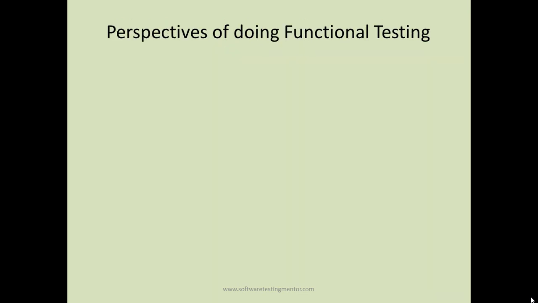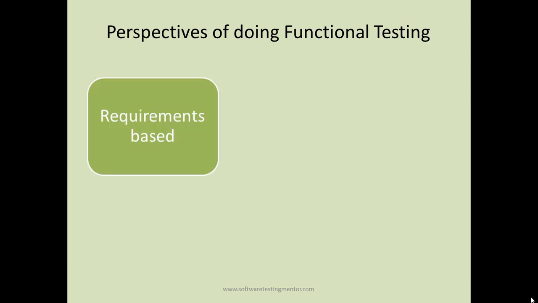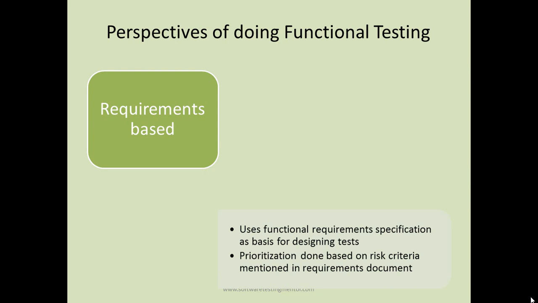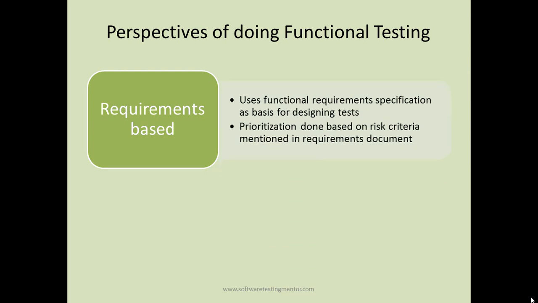Then perspectives of doing functional testing. There are two perspectives. First is requirements based, which uses functional requirements or specification as the basis for designing the test cases. Then prioritization is done based on risk criteria mentioned in the requirements document.